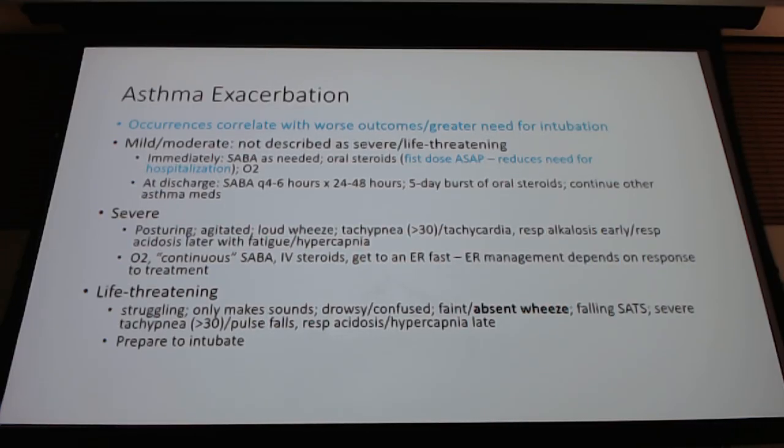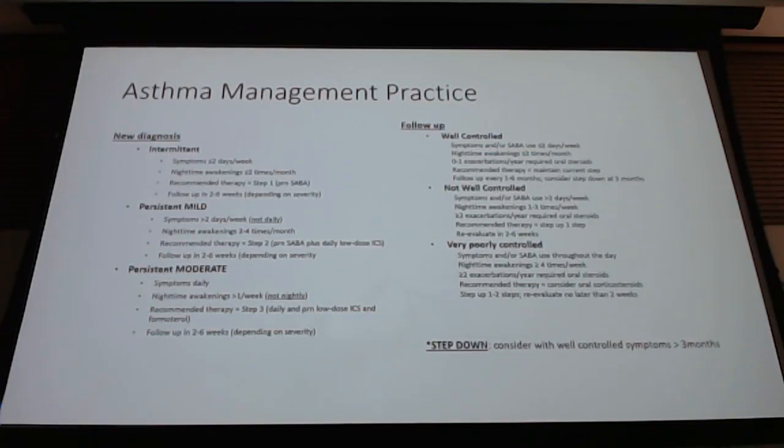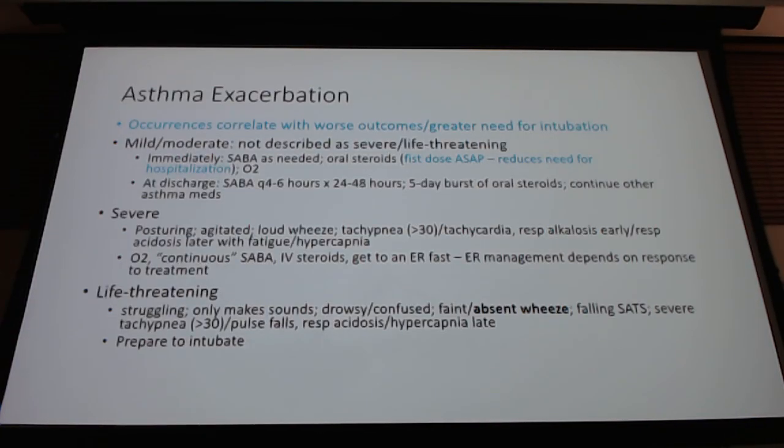So the number of asthma exacerbations someone has is important. I think we have that on one of our follow-up slides where we actually ask about the number of exacerbations. A concept I want you to keep in mind is there's a difference between assessing control and severity and assessing someone's risk.